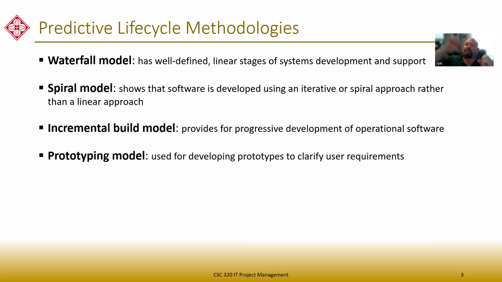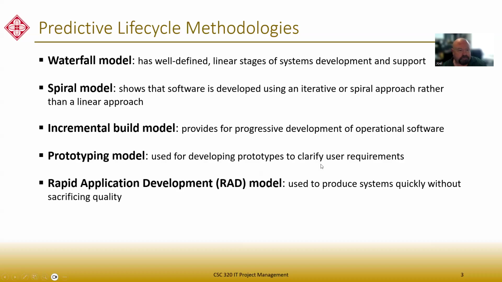Spiral one is prototype one. Okay. Now I build the prototype, and in that prototyping, I might use a waterfall type model. I build the thing, I deploy it, evaluate it, spiral, come back and say, okay, I want to do another prototype incorporating those decisions. So now I can get some real cool life cycle methodologies that describe what my project looks like. How am I going to execute my project?